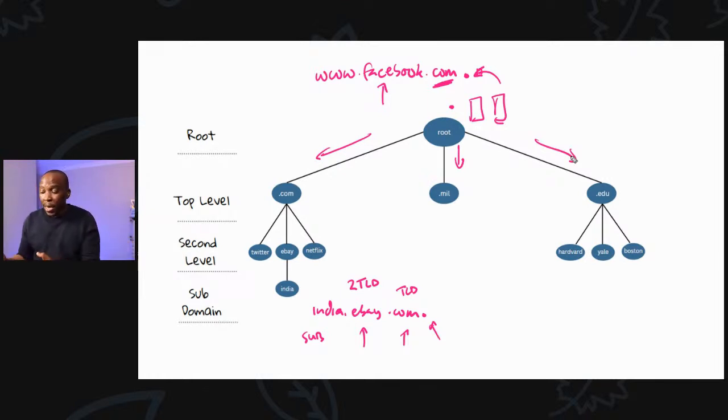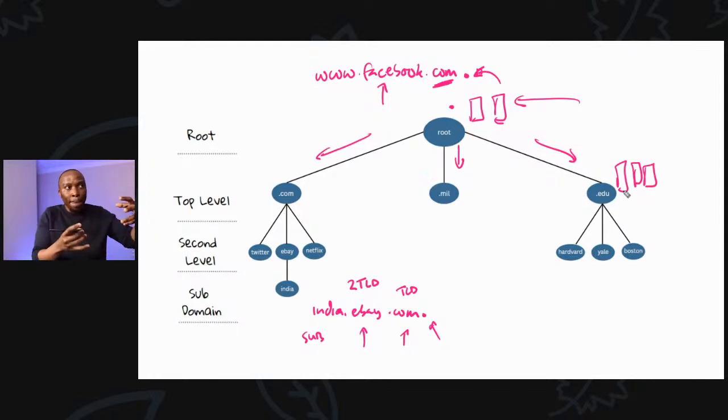So if you're looking at Harvard.edu, you query and you first hit the root, which then sends you to the .edu. Under the .edu, that's where you're going to find DNS servers that are authoritative to the .edu top level domain. If you're looking for .com, you get sent to the .com, and in here you're going to find DNS servers that are also there to service the .com top level domain.